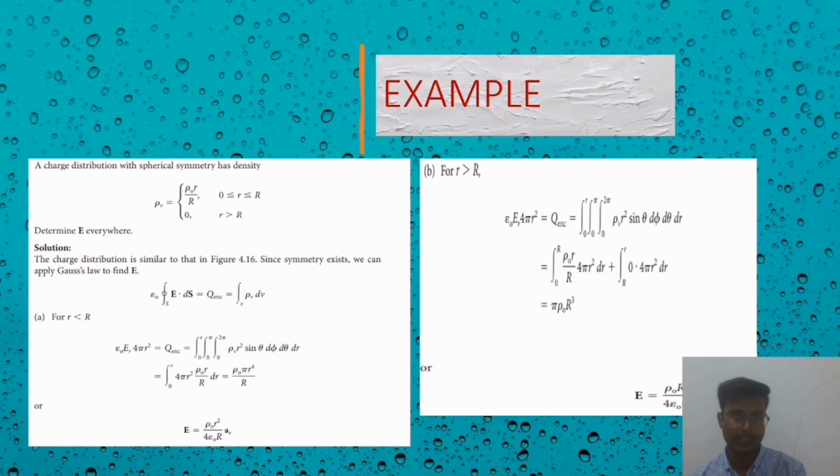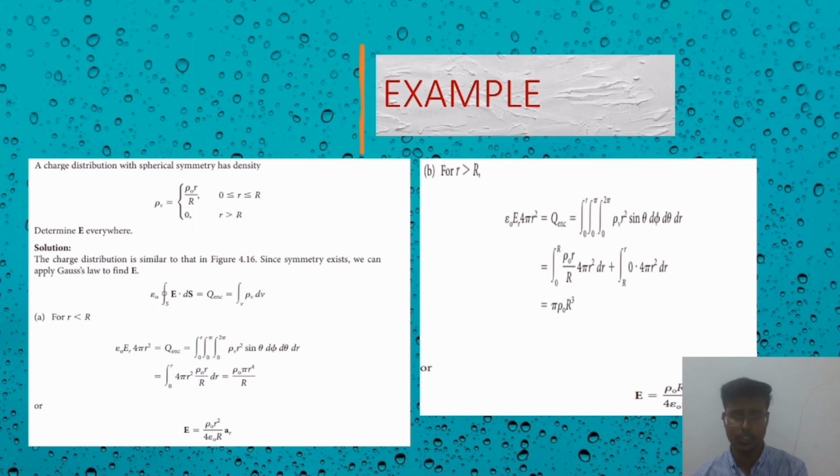As we know, our charge enclosed is going to be the integral of rho_v dv. Once we integrate it, we get the electric field easily, which is rho naught r squared over 4 epsilon naught r in the a_r direction.